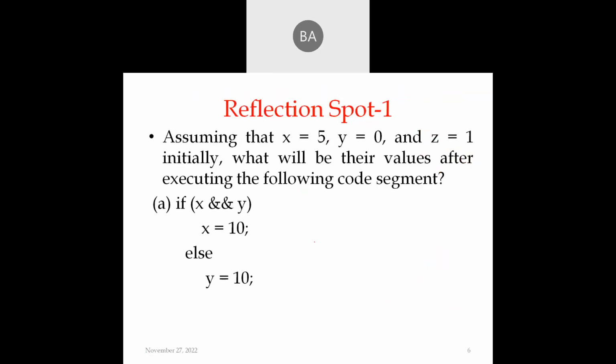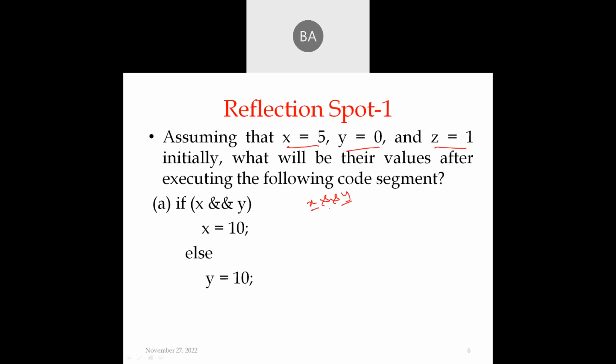So now it is reflection spot 1. Assume that x is equal to 5, y is equal to 0 and z is equal to 1 initially. What will be their values after executing the following code segment? Anyone? So we have written a condition x && y.